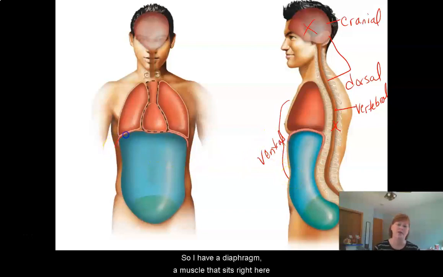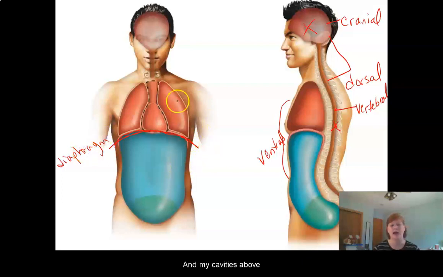So I have a diaphragm, a muscle that sits right here between these upper cavities and these lower cavities. So that's where my diaphragm is. Important for breathing. And my cavities above are going to include, the entire thing here will be the thoracic cavity.